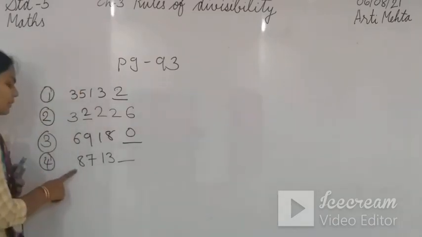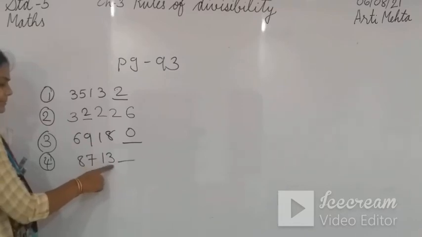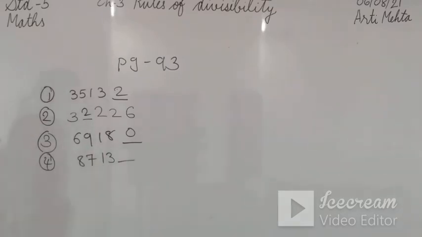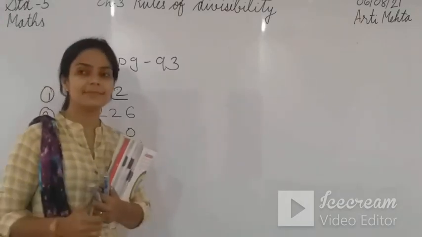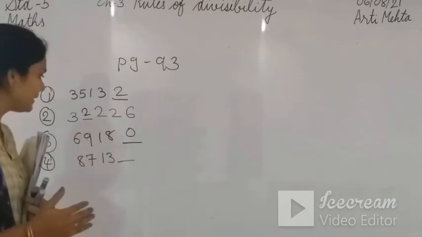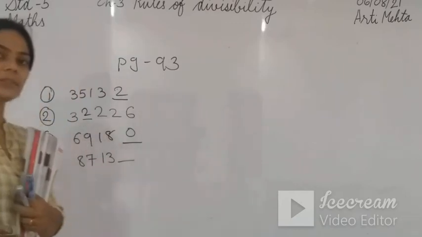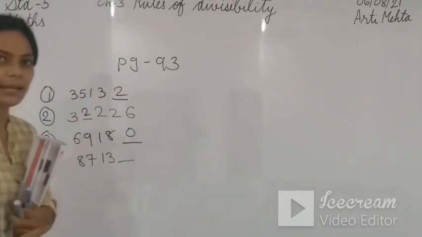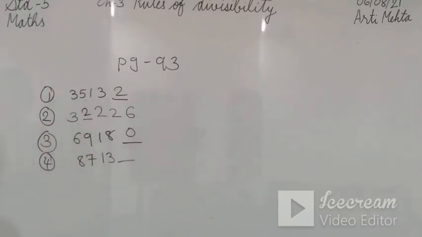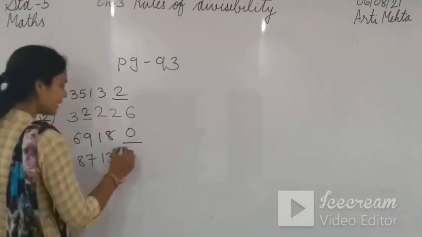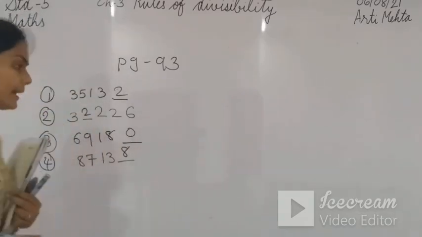We have to count the sum of the digits first. 8 plus 7 is 15, 15 plus 1 is 16, 16 plus 3 is 19. How much should we add to 19 to reach a multiple of 9? 9 threes are 27. If we add 8 to 19, what will we get? The sum of the digits is 27. 27 we can divide by 9.